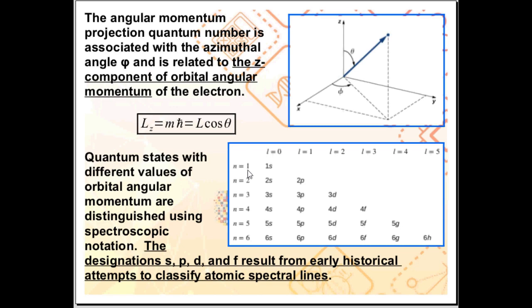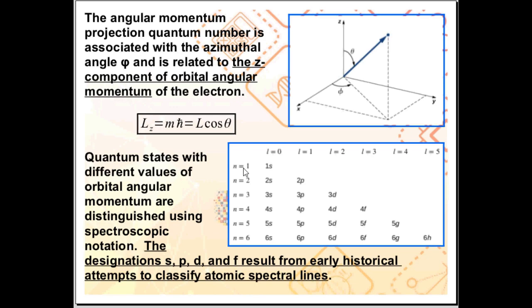For each value of n, you have different values of the orbital angular momentum quantum number. So each of these may be distinguished using spectroscopic notation. The designations s, p, d, and f result from historical attempts to classify the atomic spectral lines.